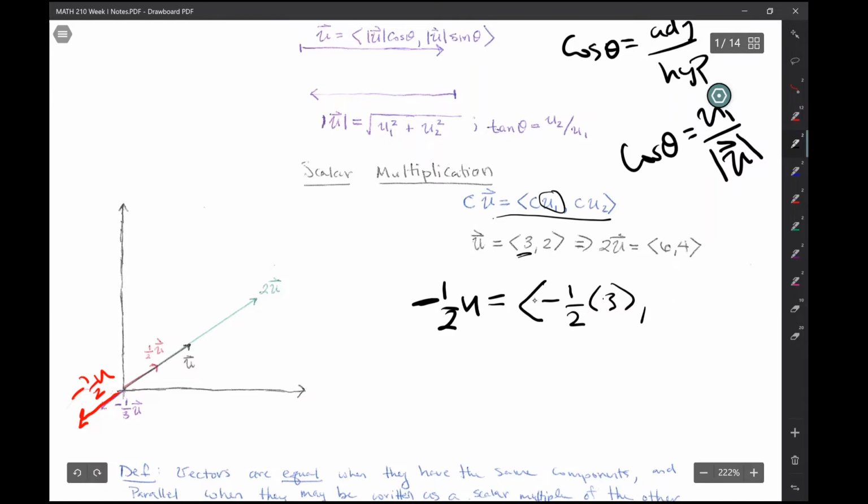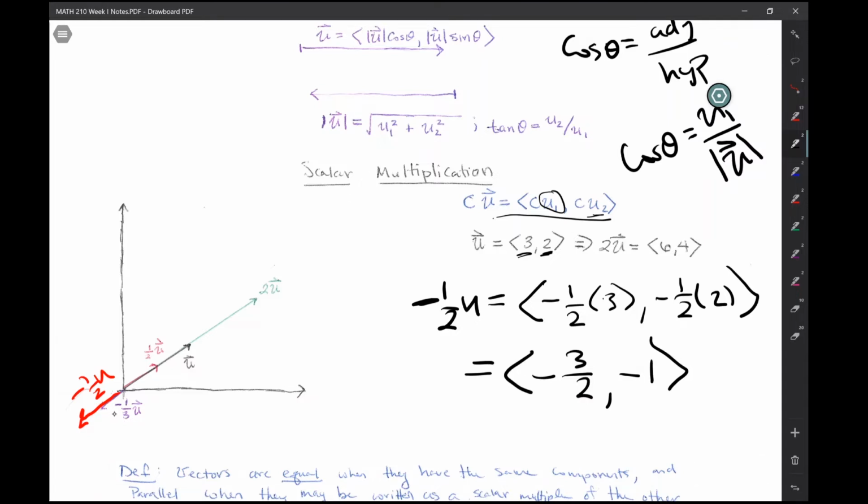And we'll take the scalar minus 1/2 again and multiply it by u2. And so you'll have this vector here, and then we could simplify it and get minus 3/2 or minus 1.5 and minus 1. And that makes sense.